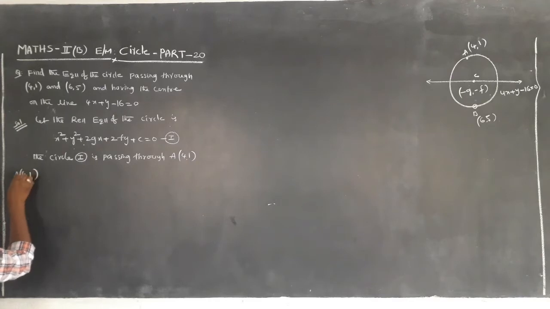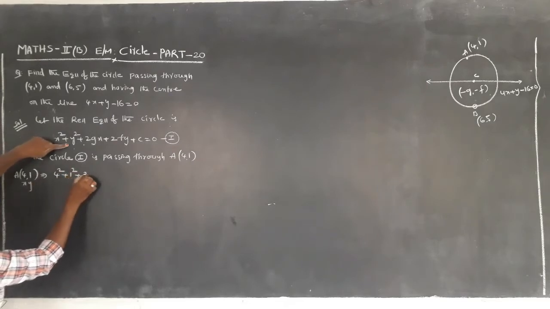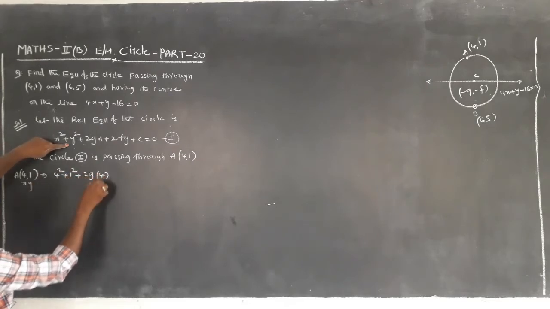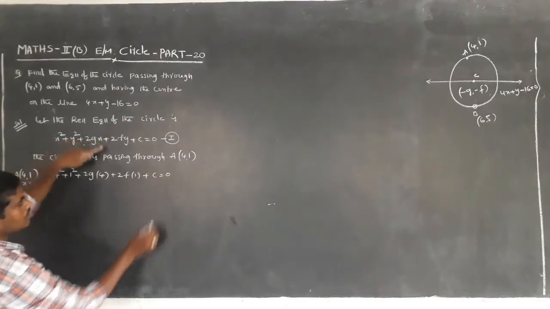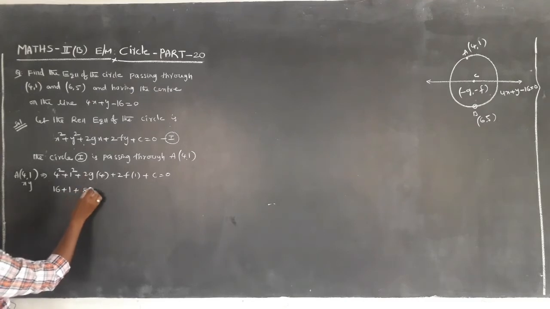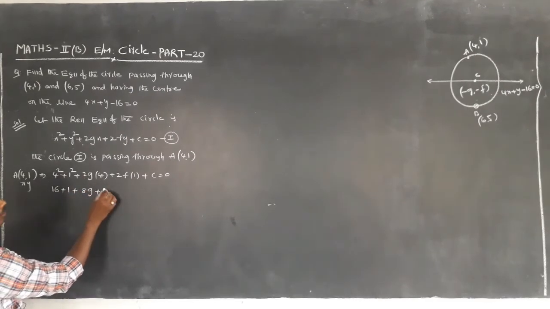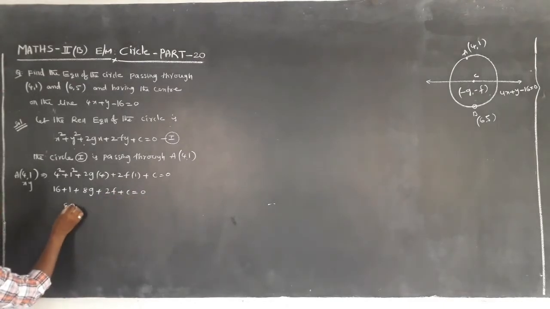A (4, 1) lies on the circle, which means we substitute x equal to 4, y equal to 1. 4 square plus 1 square plus 2g into 4 plus 2f into 1 plus c is equal to 0. 4 square is 16, 1 square is 1, 2 4s are 8g, 2 into 1 is 2f, plus c is equal to 0.